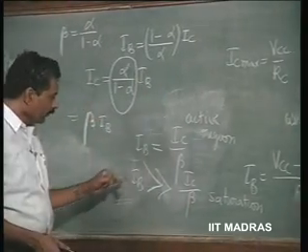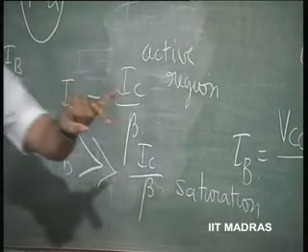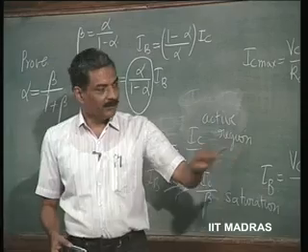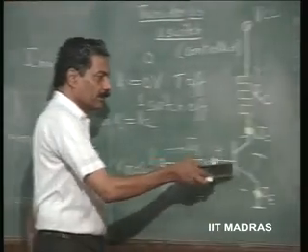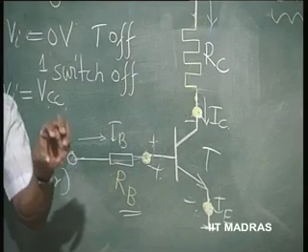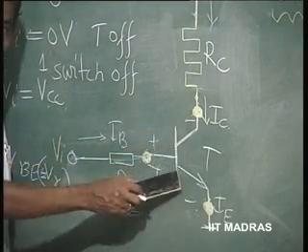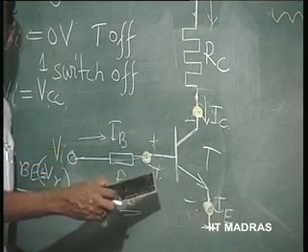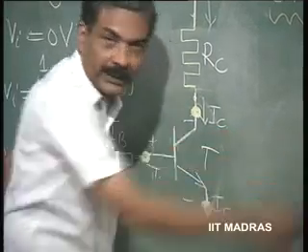So, we are therefore using this information in order to force the transistor to saturation. If both the junctions are forward biased, then the whole transistor can be replaced by a single node, because this is a short circuit, this is a short circuit, the entire thing is almost nearly equivalent to a short circuit. That is what a switch should be, right.